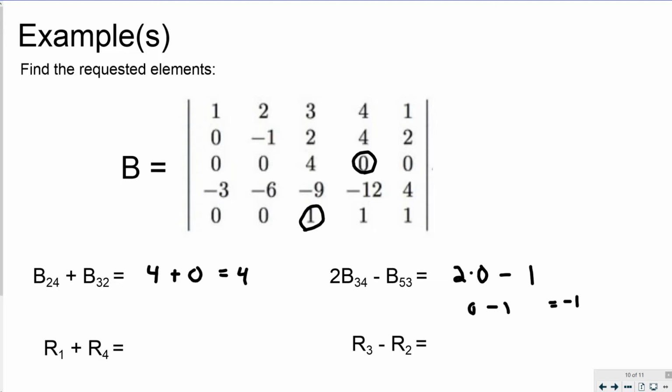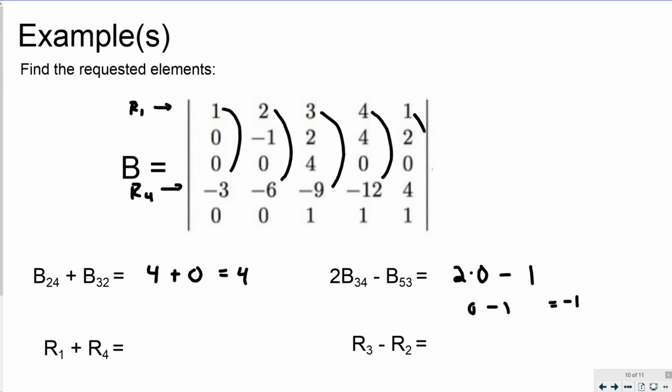When I do what's called row addition or row multiplication, I am taking the entire first number in each row and subtracting from the second row, and so on. So I'll show you exactly how this works here. It says add row 1 and row 4 together. So this is R1, and this is R4 here. What I am going to do is add the 1 and the -3, the 2 and the -6, the 3 and the -9, the 4 and the -12, and the 1 and the 4 together to make my new row of elements.